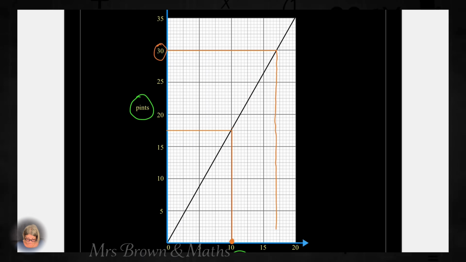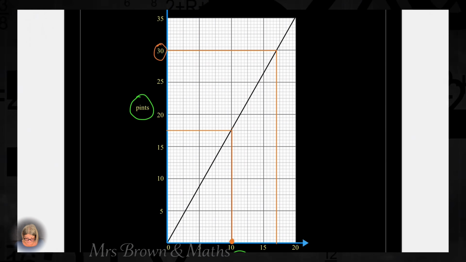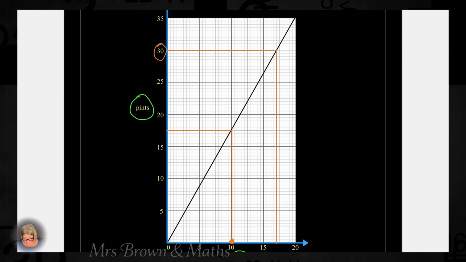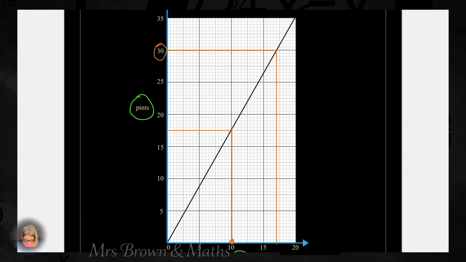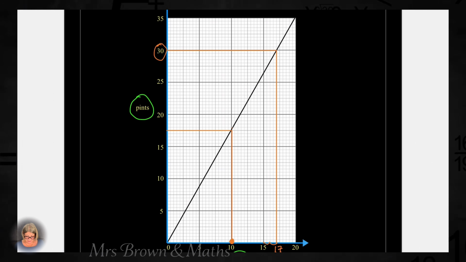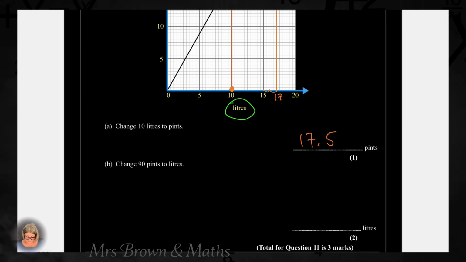Obviously use a ruler. Right, let's have a look. So it's not in the middle between 15 and 20, but there are 10 little squares for 5 liters. So it means for 1 liter, it is 2 little squares. Right, 15, 16, 17. So the answer is 17 liters. Yeah, we already have liters.